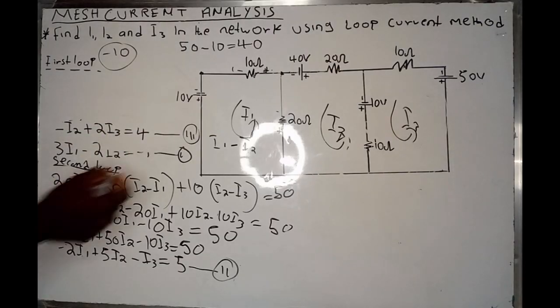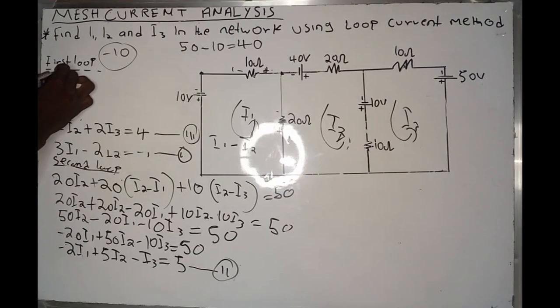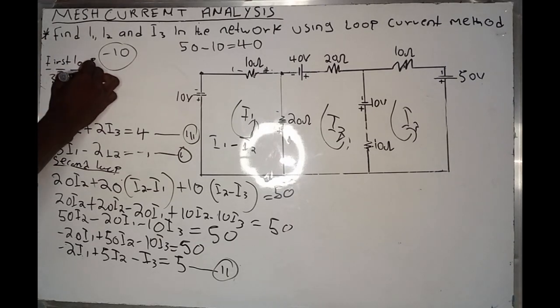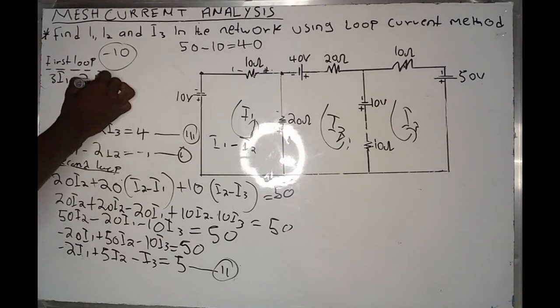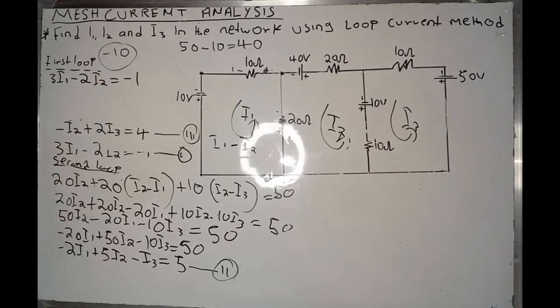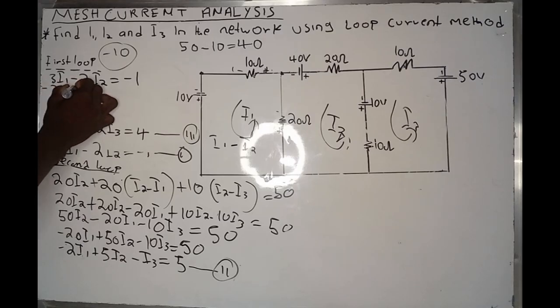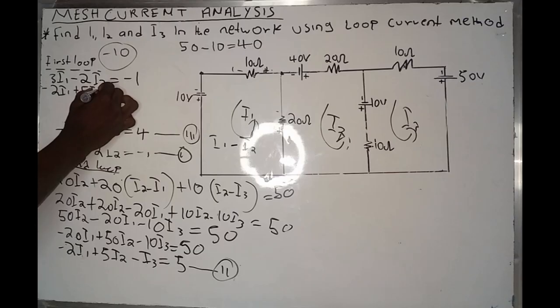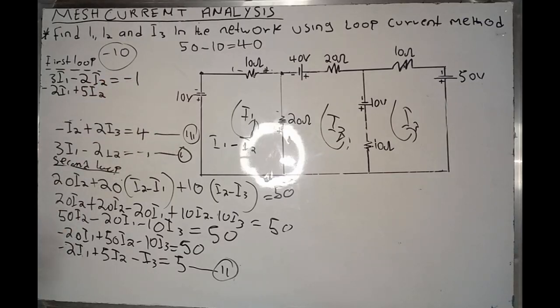From equation 1 we have 3I1 minus 2I2, which is equal to minus 1. From equation 2 we have minus 2I1 plus 5I2 minus I3, which is equal to 5.